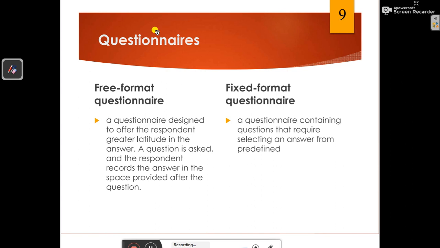A question is asked and the respondent records the answer in the space provided after the question. It's like the descriptive type. But the fixed format questionnaire contains questions that require selecting an answer from predefined answers. Here you can see the difference between these two. Fixed format follows predefined answers, and the user needs to choose one among them. That is why this is a fixed format questionnaire.